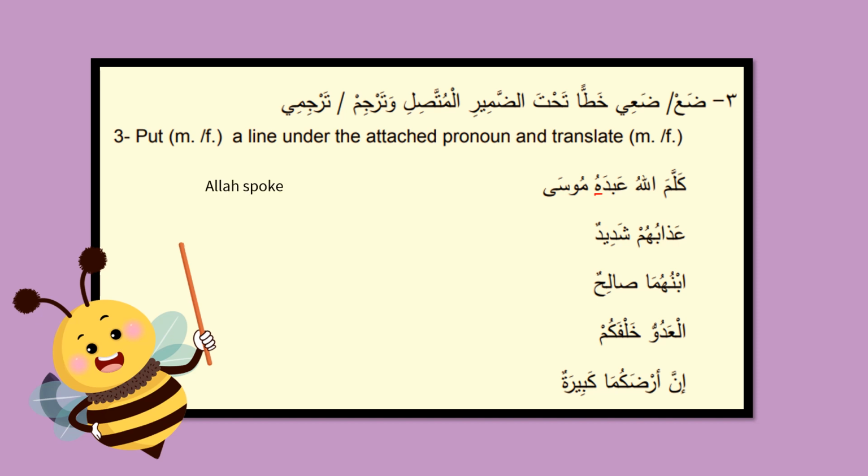Allah spoke. Allah spoke to whom? Kallama means to speak. And this is the past tense, that means spoke. Who spoke? This is a jumla fi'liyya, remember? And who spoke? This is a fa'il. So fi'l plus fa'il: Allah spoke. Right?